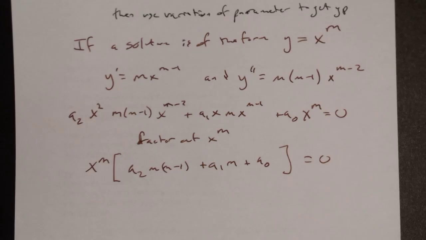Whatever the x next to a1 was, I multiply those together, I get x to the m, factor outside. The same thing happened to the x squared next to a2. It came out with all of the other x's. This is a quadratic in the variable m, which means you can find the m's that make this work. Just like we found the r that made it work for the other versions. Same idea.